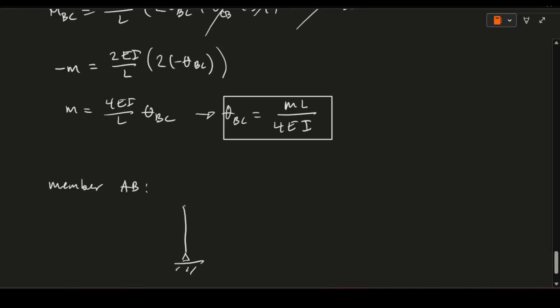We have a moment there, so it buckles like this, and we have an angle BA there. Here we can use the conventional or traditional sign convention.